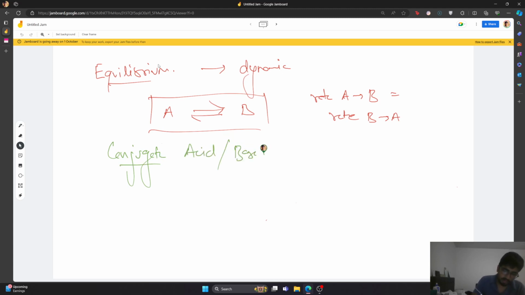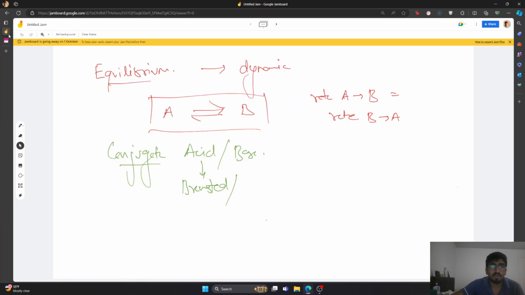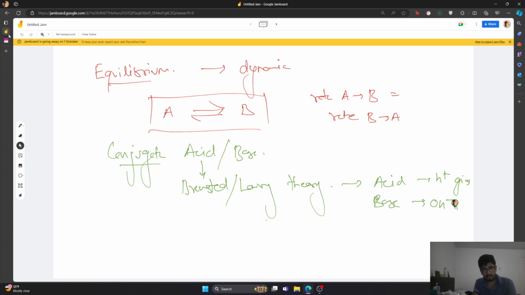If you remember the Bronsted-Lowry theory of acid base, it says that an acid is anything that gives H plus and a base is anything that can take in the H plus, or gives OH minus, or another way to say that is it takes H plus.